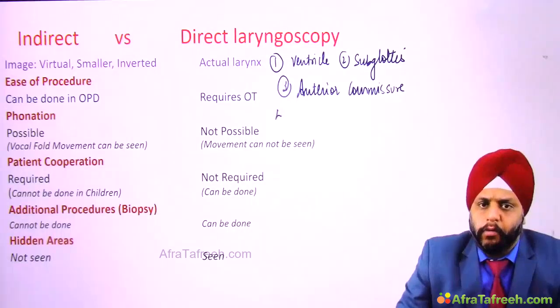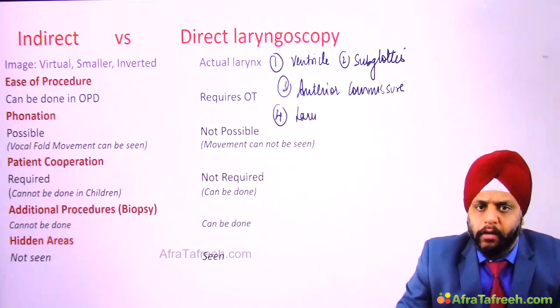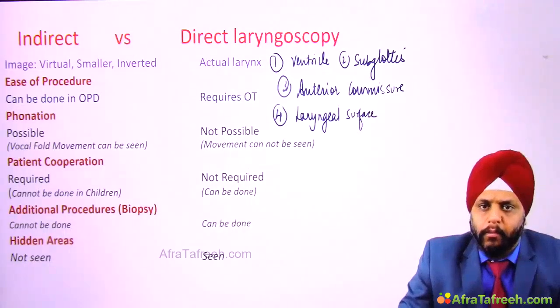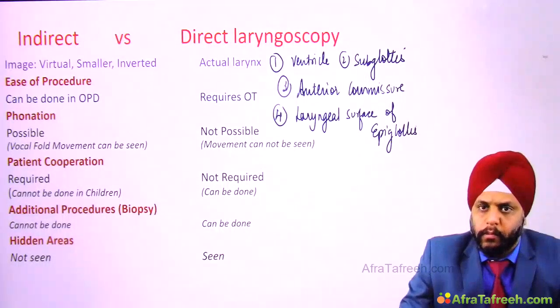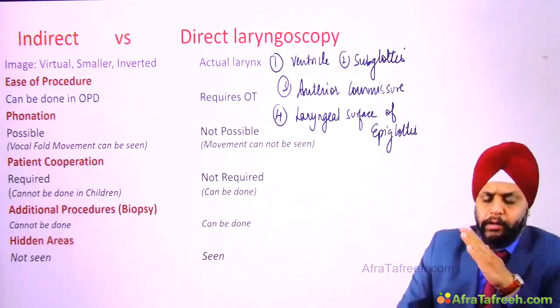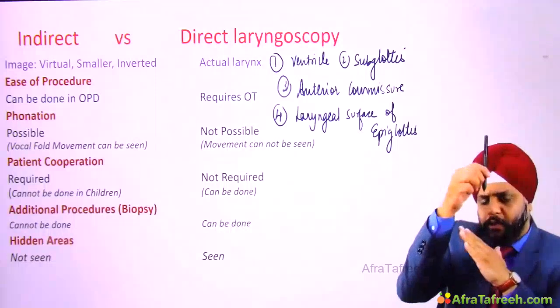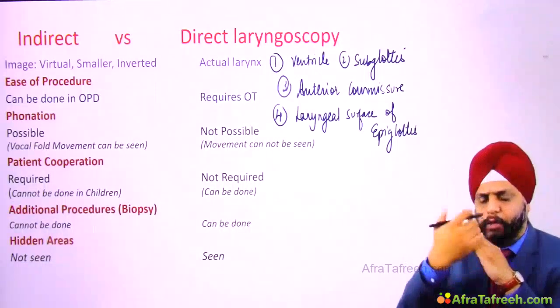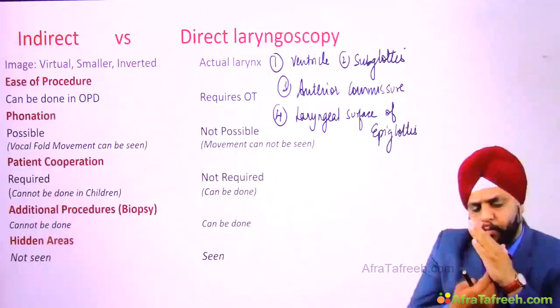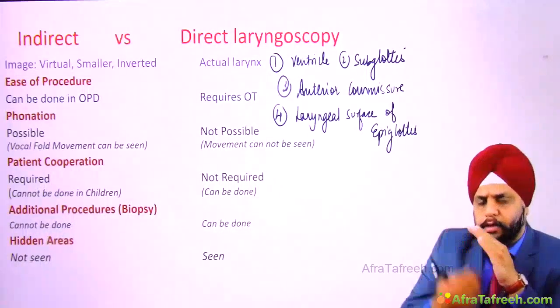Okay, number four, we have the laryngeal surface of epiglottis. Okay, you see the epiglottis is like this. There is a pharyngeal surface, there is a laryngeal surface. So once you are looking from above like this, you can see this pharyngeal surface, but you cannot see this laryngeal surface.